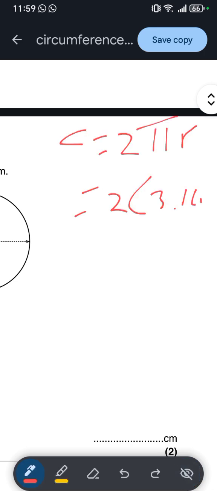The way I told you, we must use 3.14 for the pi.